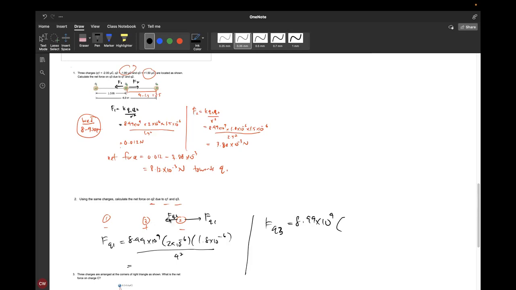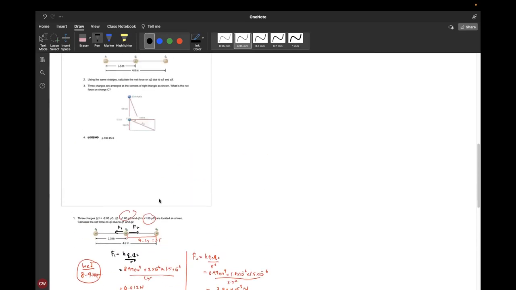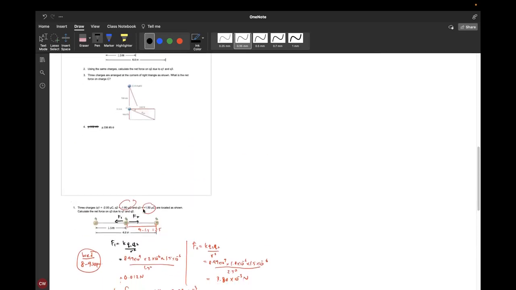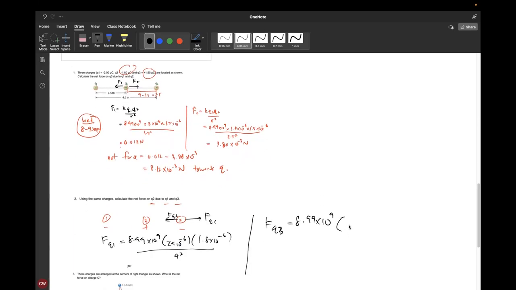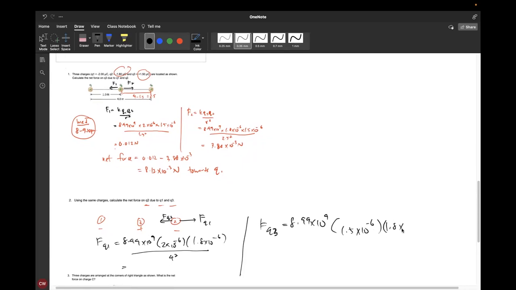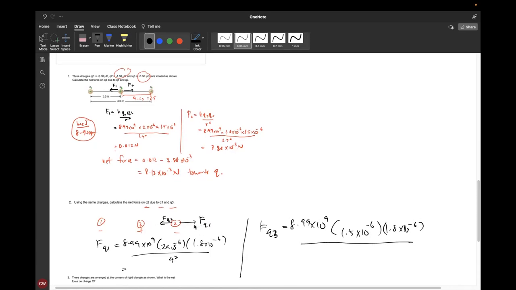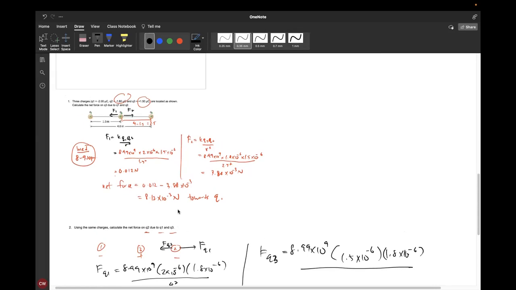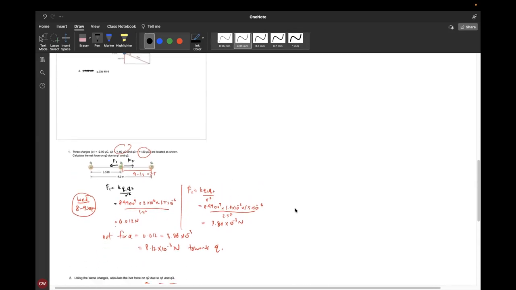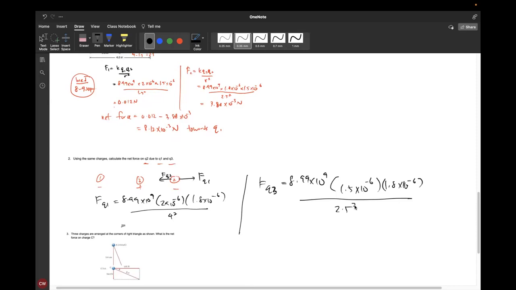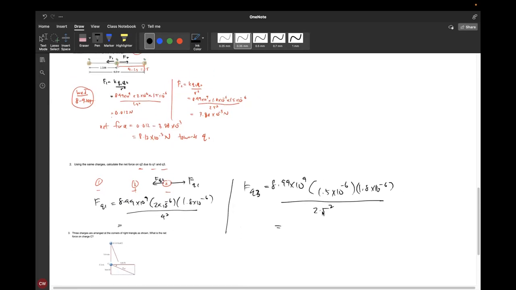Q3, 3 and 2: 1.5 and 1.8, over r squared. Q2 to 3 is distance by 2.5. Okay, calculate the size of these two forces.